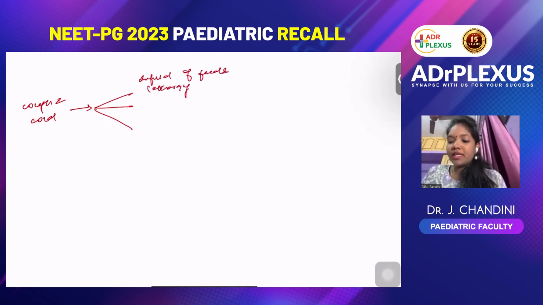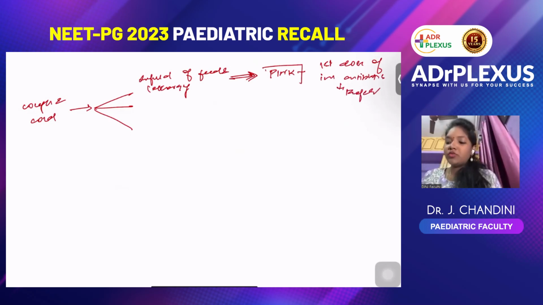All these are warning signs. If the child is having warning signs, this is indicated as the pink area. According to the pink area, they will give the first dose of intramuscular antibiotics and they have to refer to a higher center. So that is the pink zone, the first zone, if the child is having warning signs.